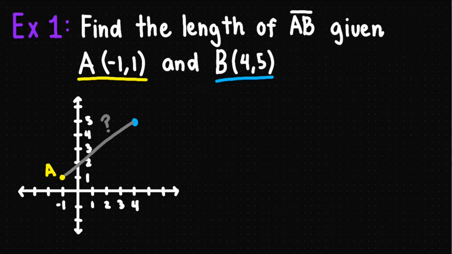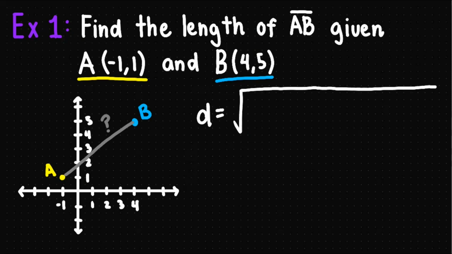By the distance formula, the distance is given by the square root of the difference of the x coordinates.